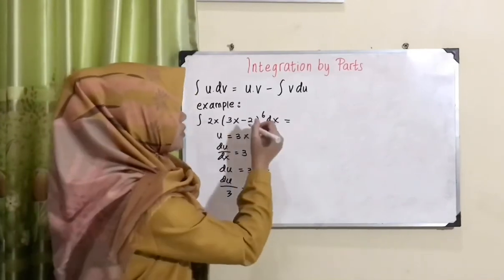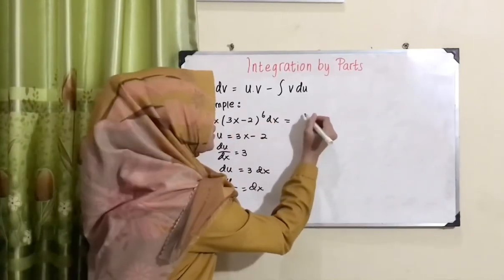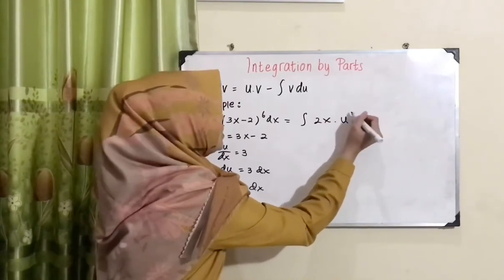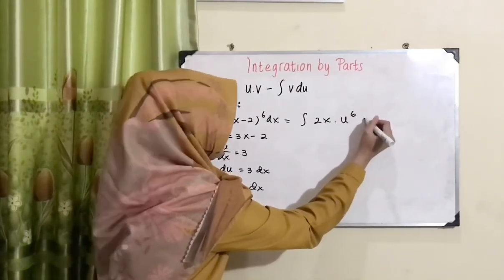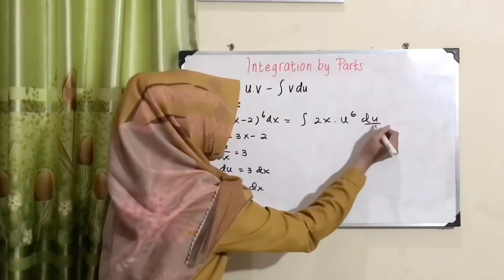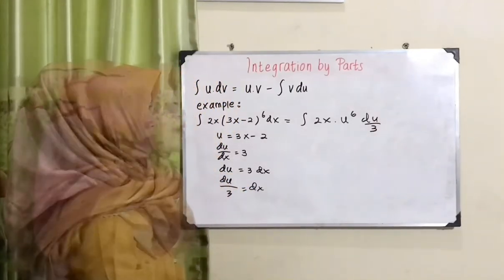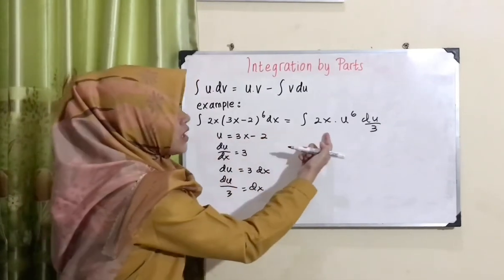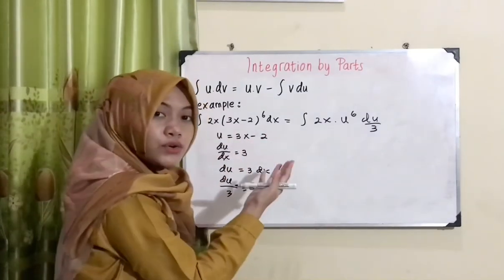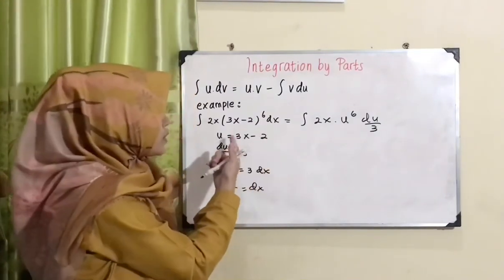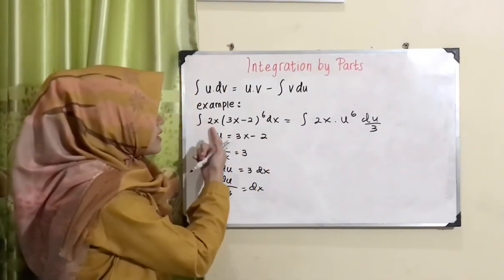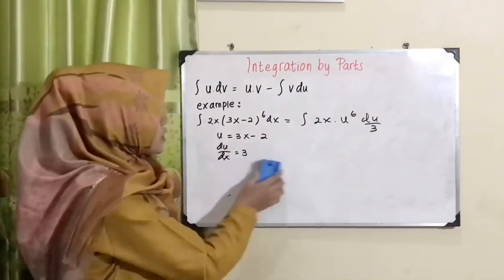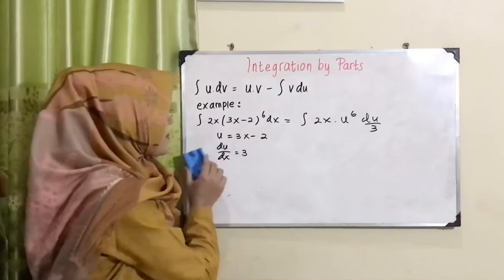So if we substitute here, we have the integral of 2x times u to the power of 6 du over 3. We can see that the variable x in this function cannot be changed to u. So the substitution rule cannot be used for this function. Then we must use the technique of integration by parts.